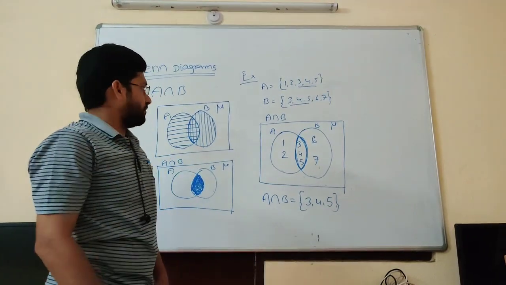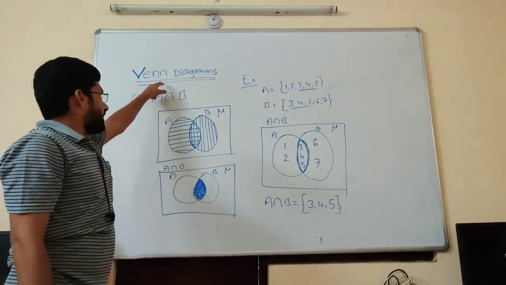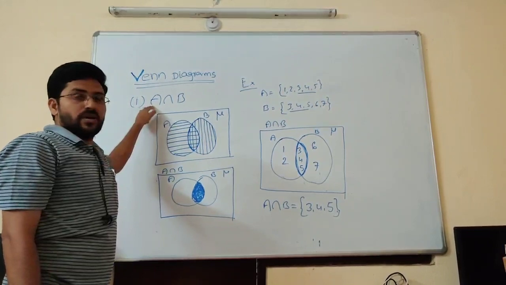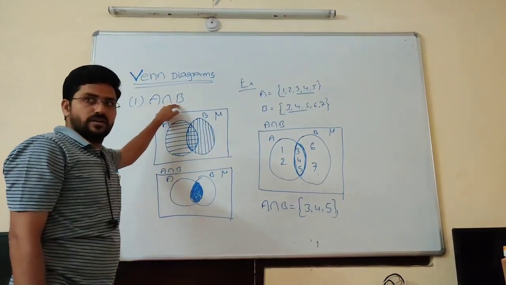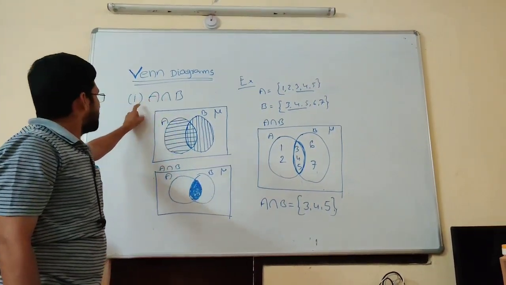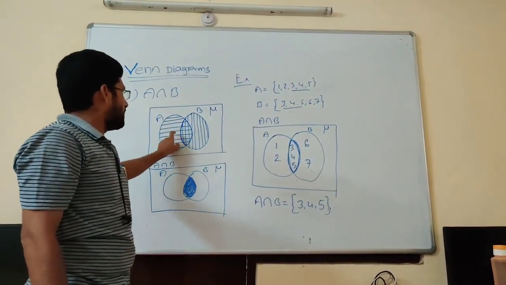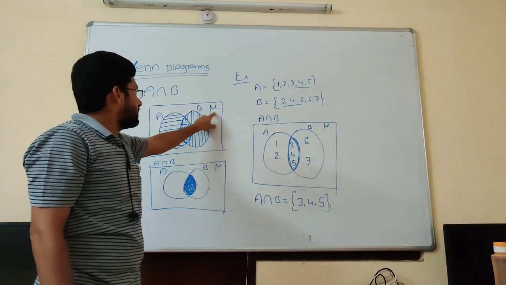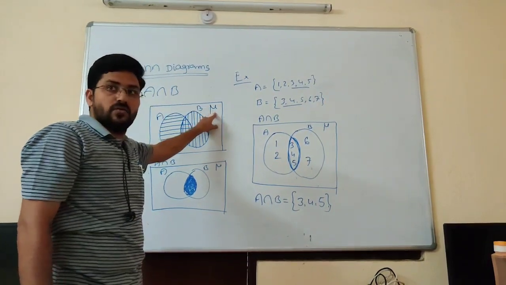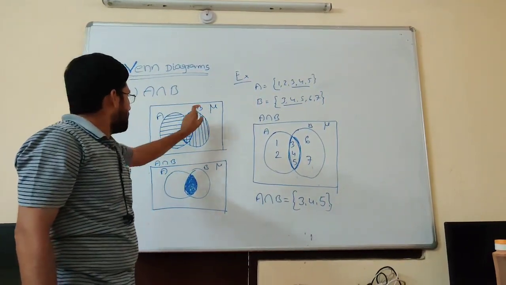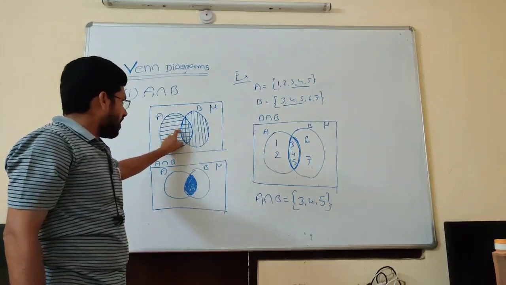Here, one more time look. Our concept is Venn diagrams, and here we have taken A intersection B. A intersection B means set A, set B. Two sets we can represent with two circles, and this is the universal set. We represented it by mu. Here intersection means we have taken the common elements.